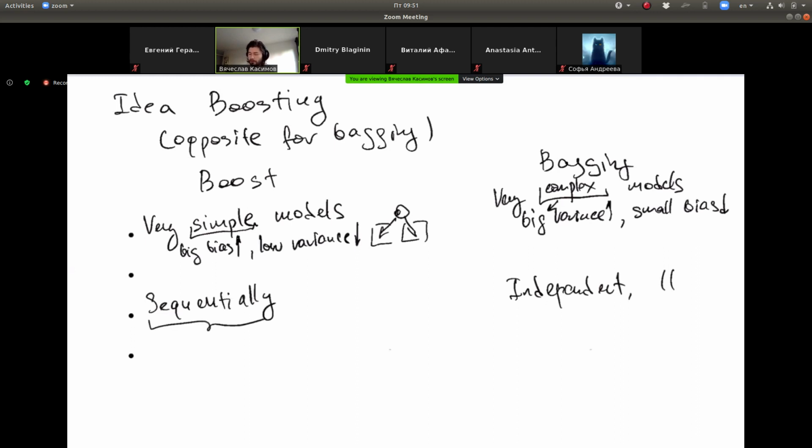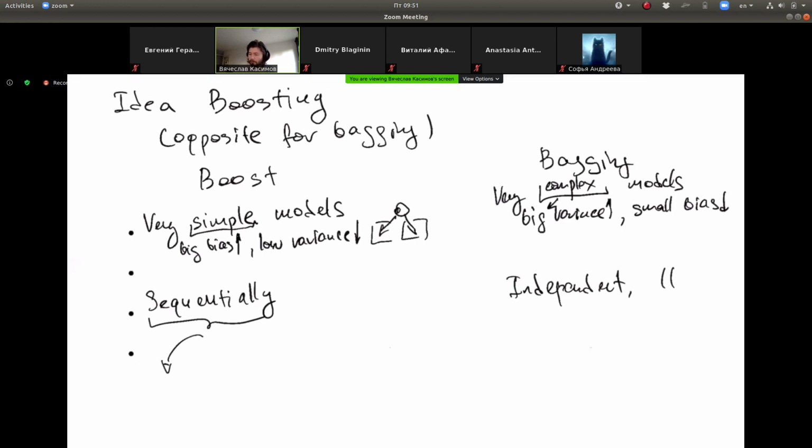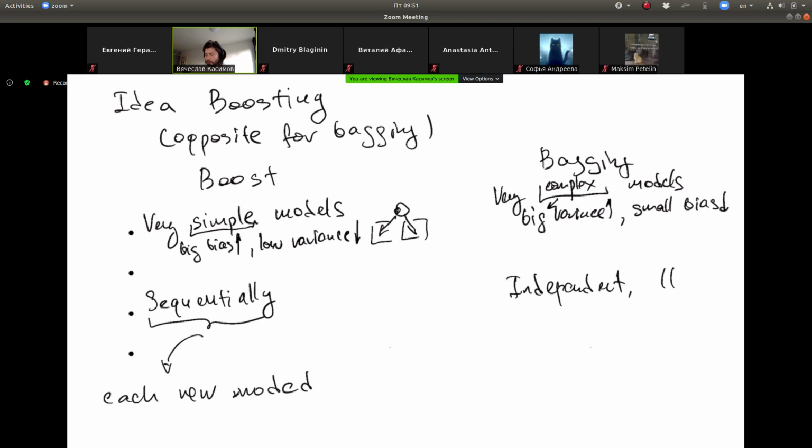And the consequence, so why sequentially, is that each new model corrects the previous ones.